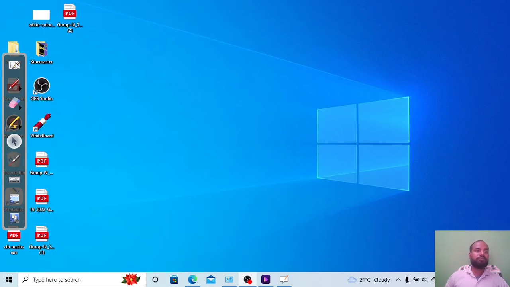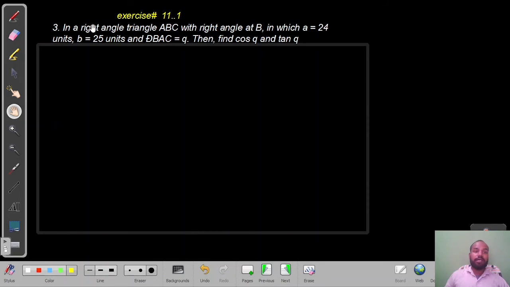Now I am going to explain exercise 11.1, the third problem. Given a right angle triangle ABC with a right angle at B, in which A equals 24 units and B equals 25 units, and angle BAC equals theta.